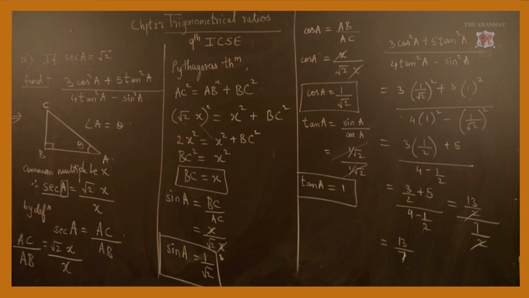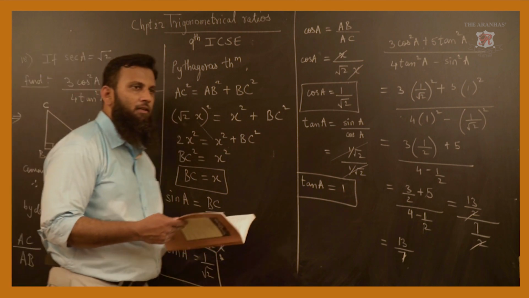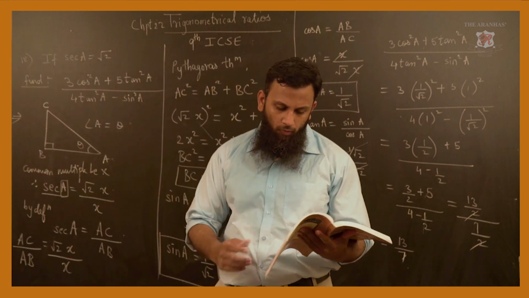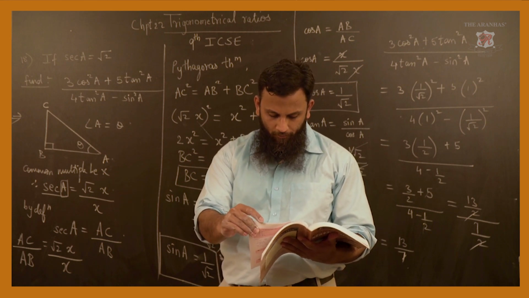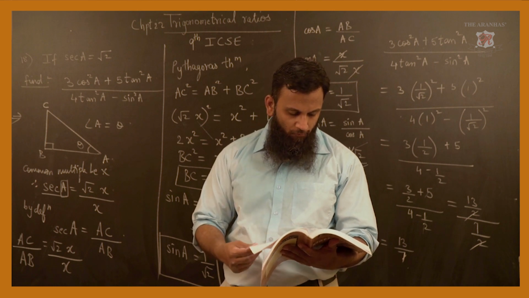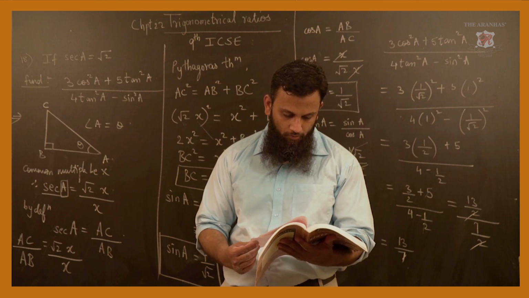In the next exercise, before we proceed towards it, I will suggest you prepare a few basic things. I will tell you what those things are, and then accordingly you try to find out the information on it.